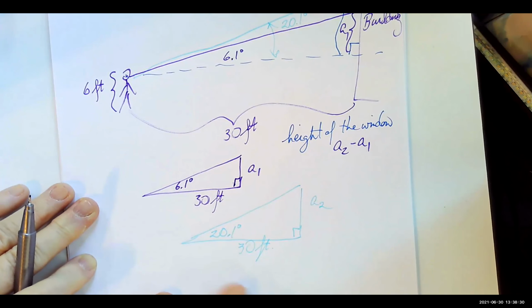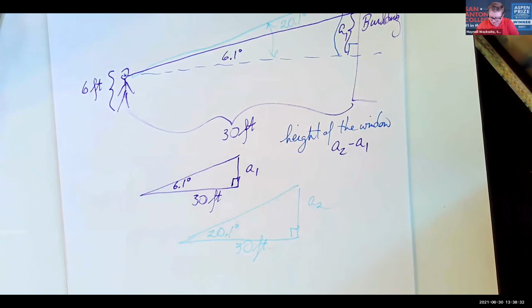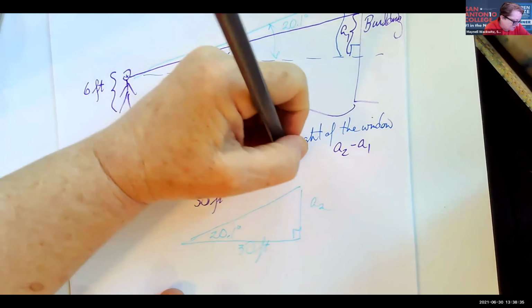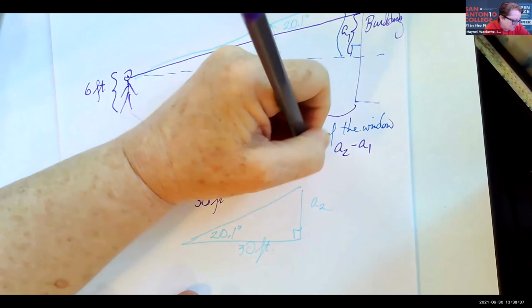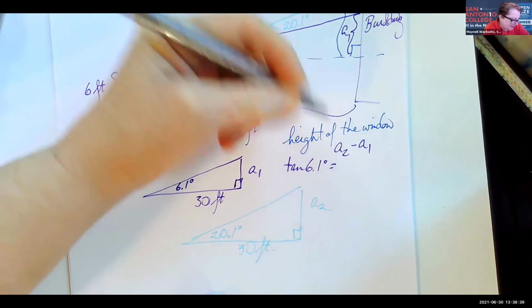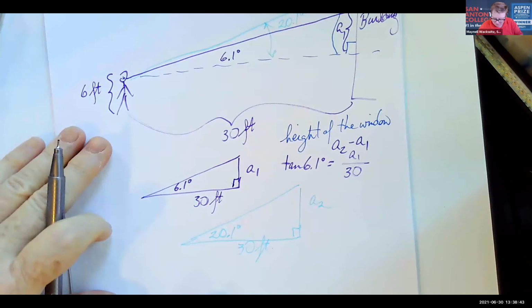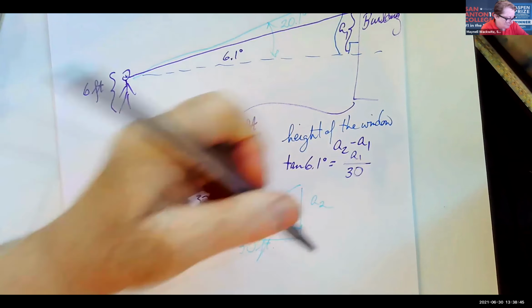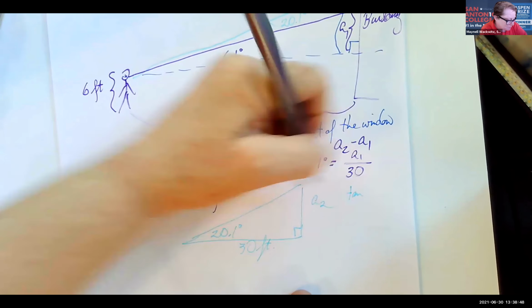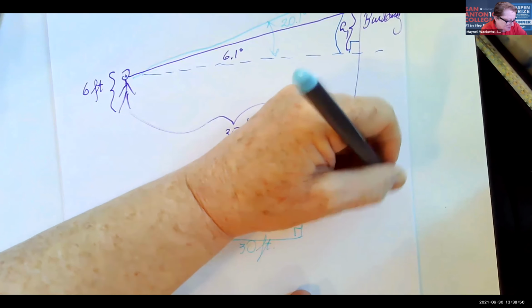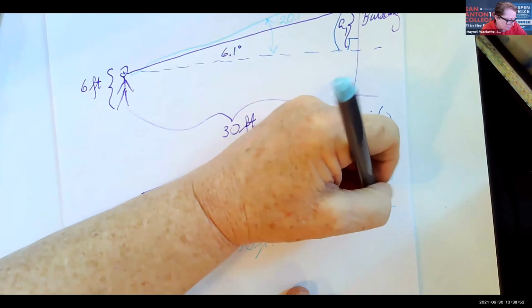Tangent? Good. Let's use colors. We know that the tangent of 6.1 degrees is A1 over 30. And we know that the tangent of 20.1 degrees is A2 over 30.